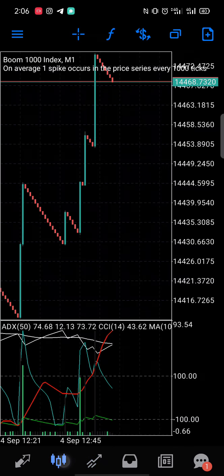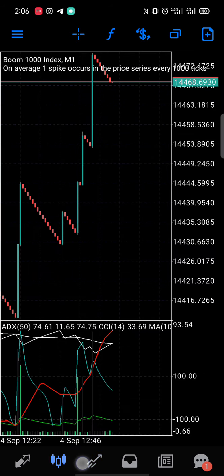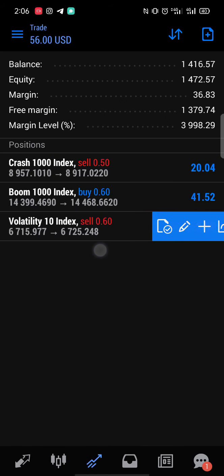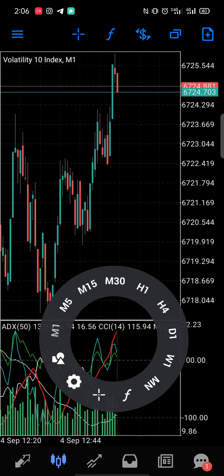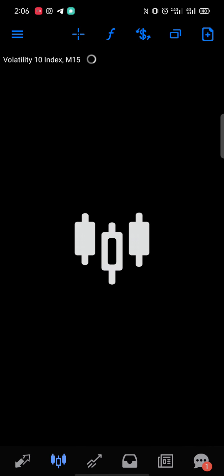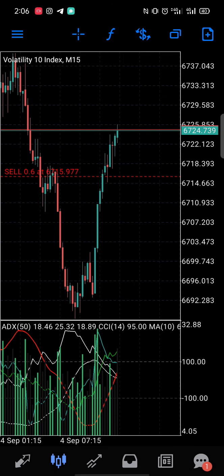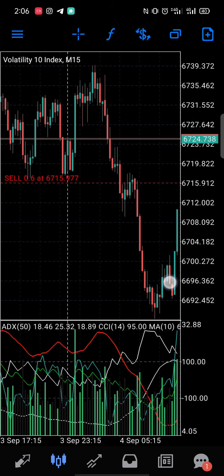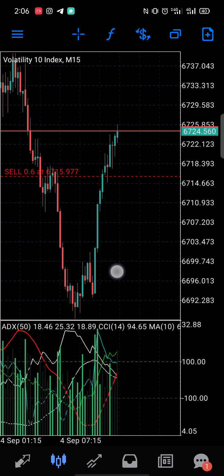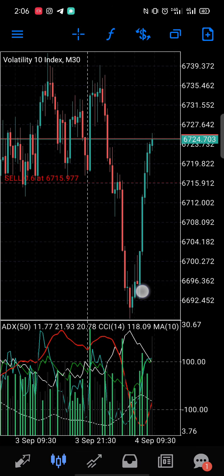We're on profit, yeah. So the VIS 10 index is still running in loss. Check out the 15-minute time frame. Wow, it hit the stop loss. I'm going to stop this loss right now.